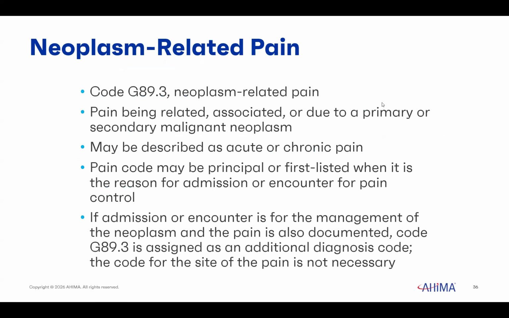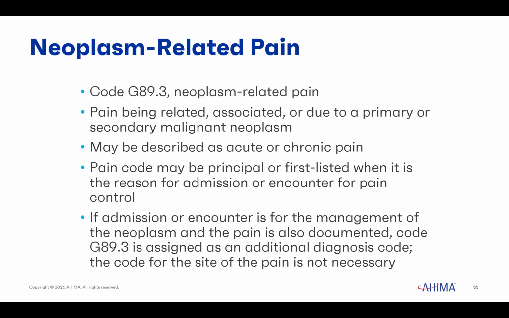And another important point is neoplasm related pain. Pain that's related or associated or due to a primary or secondary malignant neoplasm can be either acute or chronic. And depending on the reason for the encounter, whether it's a principal diagnosis or first listed diagnosis in the outpatient setting, that reason will determine which code comes first.